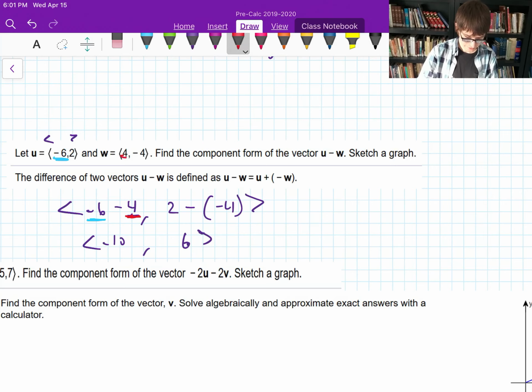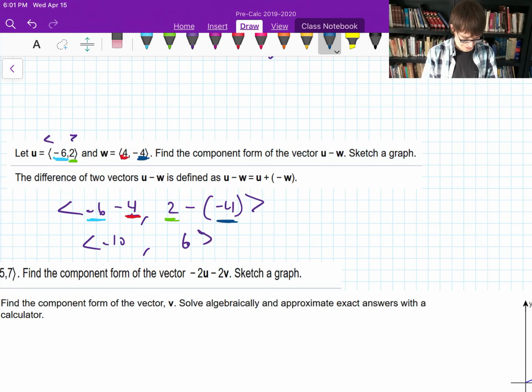We match with the x's, and then we match with the y's, because we're subtracting the ux and the wx, and now we subtract the uy and the wy. Oh my goodness, that's a tongue twister. Maybe I don't understand it well enough to articulate clearly. Anyway, these are the things we're subtracting, and these are the values. So we just subtract the 2, and we get our answer.